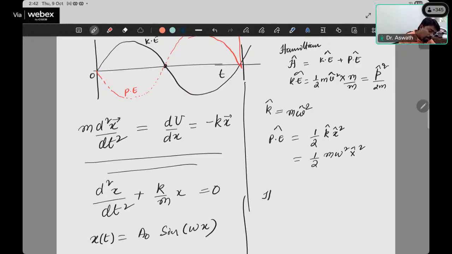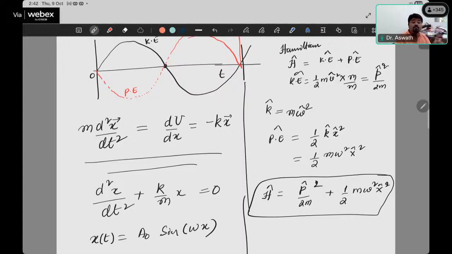So the overall Hamiltonian of the system is p square by 2m plus half m omega square x square. This is the Hamiltonian for you in terms of total energy.